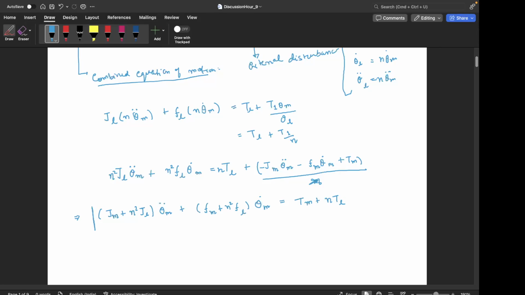So this is the equation that you see in the lecture slides, and this represents the equation of motion of a single link manipulator powered by a geared DC motor.